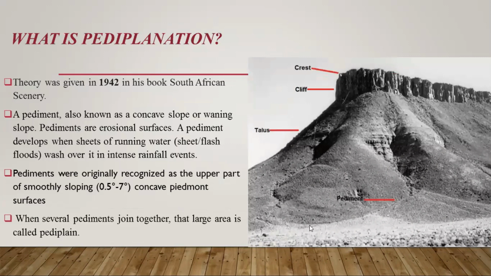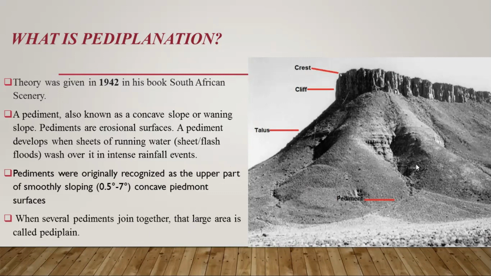So when several pediments, this pediment over here, another neighboring pediment over here, some neighboring pediments over here. Just try to remember the cover slide. When several pediments join together in this large area, that large relatively plane area, that is called a pediplane.